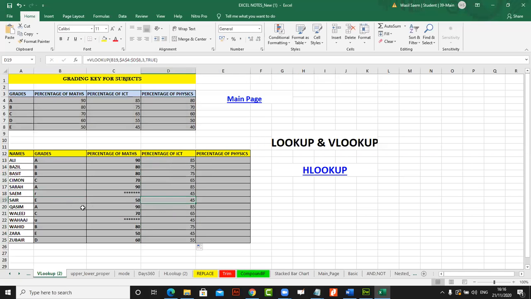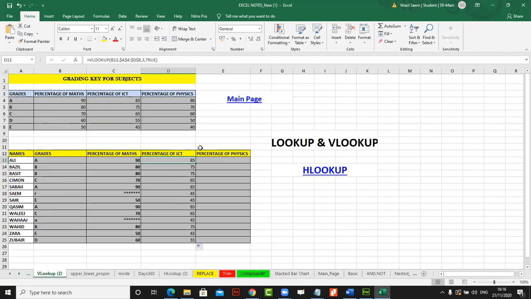I get 45. Why 45? Because we chose the approximate option. It will try to give me the approximate value, which is E, 45. The closest value we have is E to R, so it will give me that particular value. Is this clear, beta? Everyone?